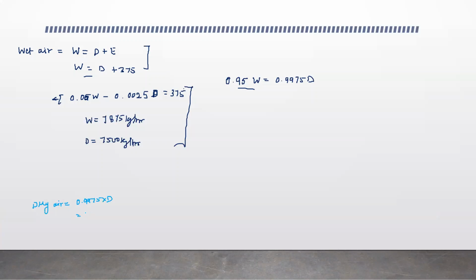So that is 7481.25 kg per hour. That is your dry air without water.